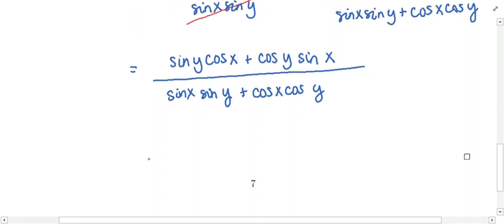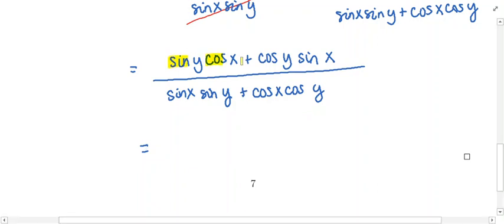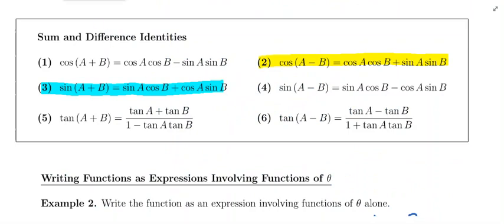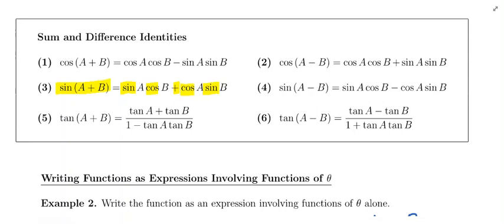Okay? All right. If you notice, these are just the right-hand sides of our sum and difference identities. If we look at the numerator, we've got sine times cosine plus cosine times sine. If we go back and match this up, this is nothing more than sine times cosine plus cosine times sine. This is the sum formula for sine.